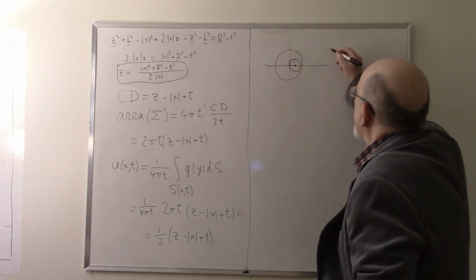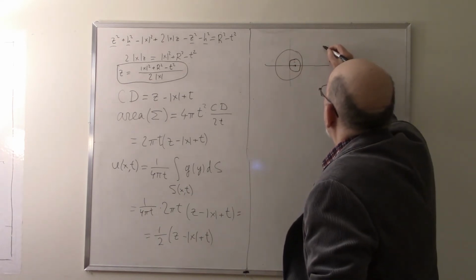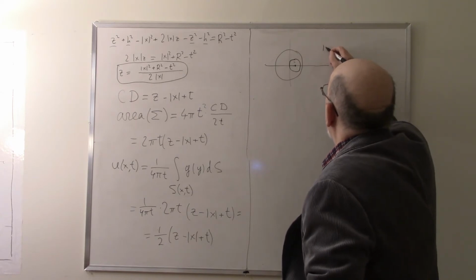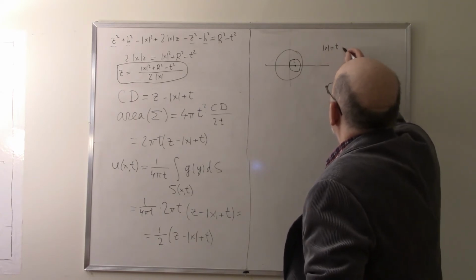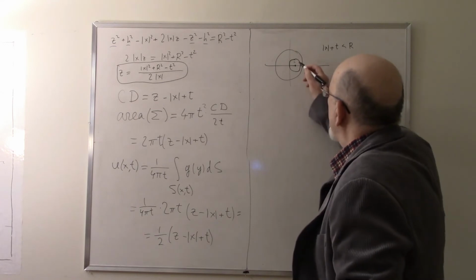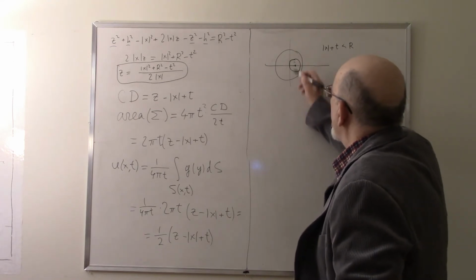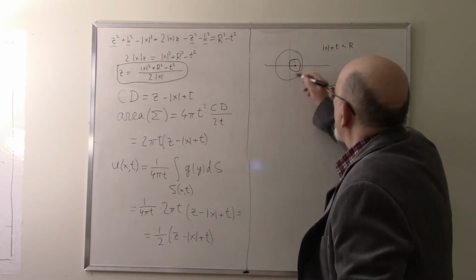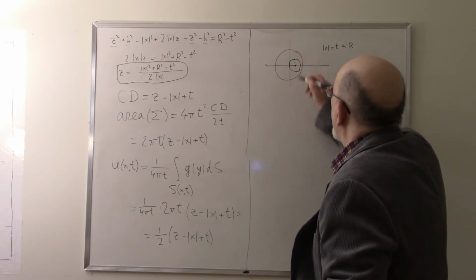So it is the first case, so this means that module x plus t less than r. In this case, all the sphere is inside the ball.